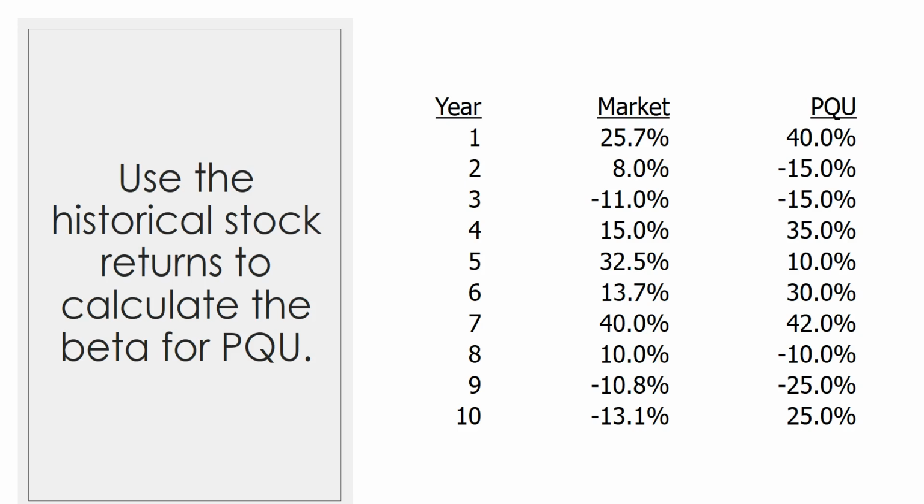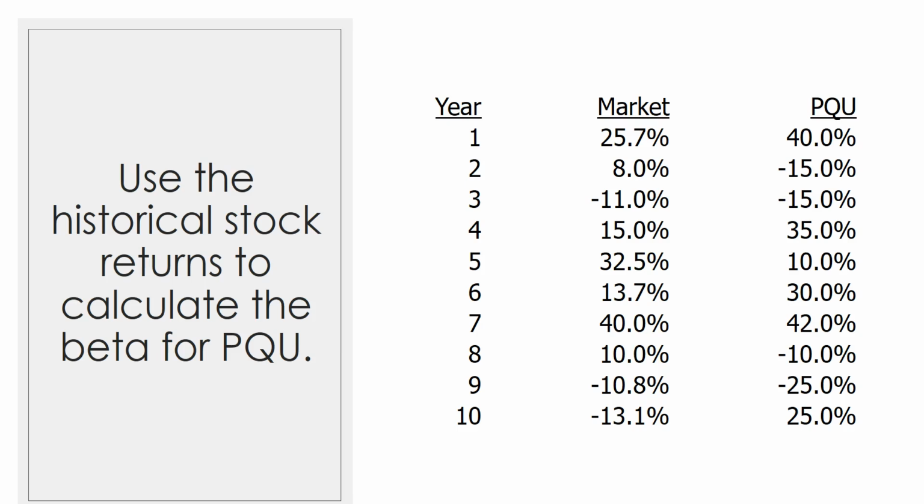We typically use historical returns to calculate beta, but the historical time frame can be different from one researcher to the next. So you may have a 3-month rolling window of historical returns to calculate beta. You could use the previous year's returns, or the previous 5 years' returns.